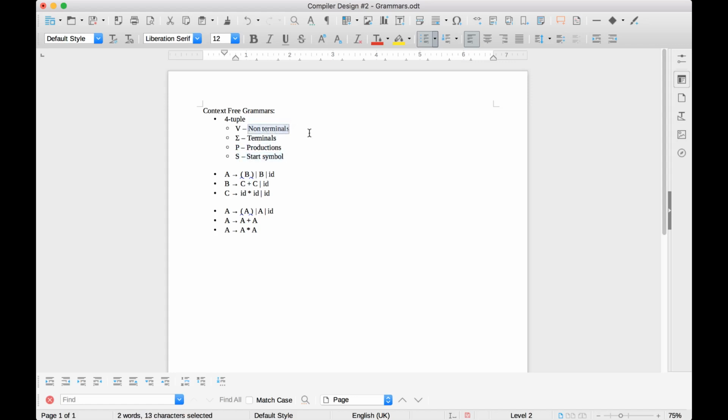Now, the non-terminals are symbols that, through productions, can produce different sorts of combinations of terminals and other non-terminals, or themselves too.